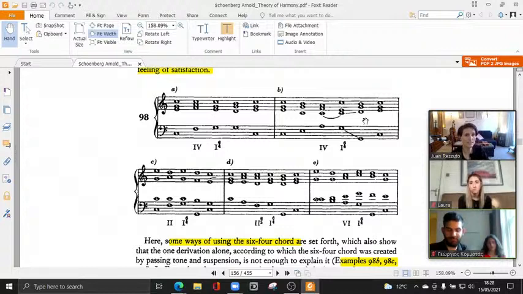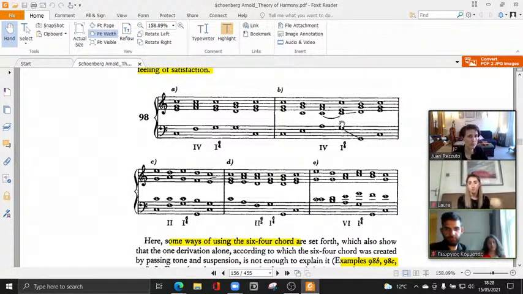Now, the thing is, the B has to sound. The C was supposed to go to B, and it didn't. But we need a B. The whole point of this 6/4 chord is to have an unstable chord that resolves into the dominant, and we need that fourth.